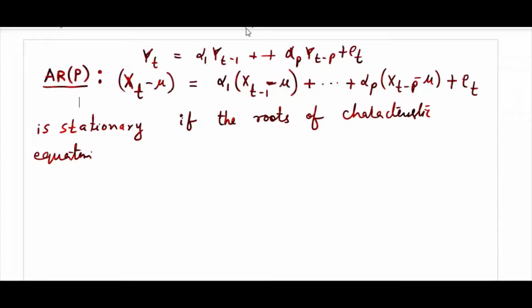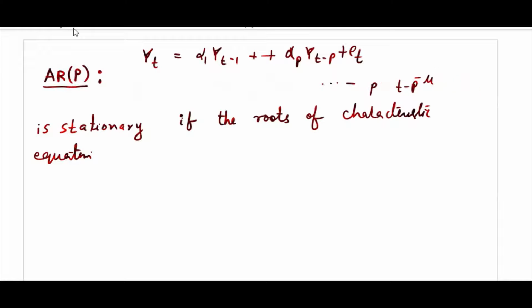If you remember this way, you bring all the terms to the left, and again if you want you can write this in this form. Always it will be useful.